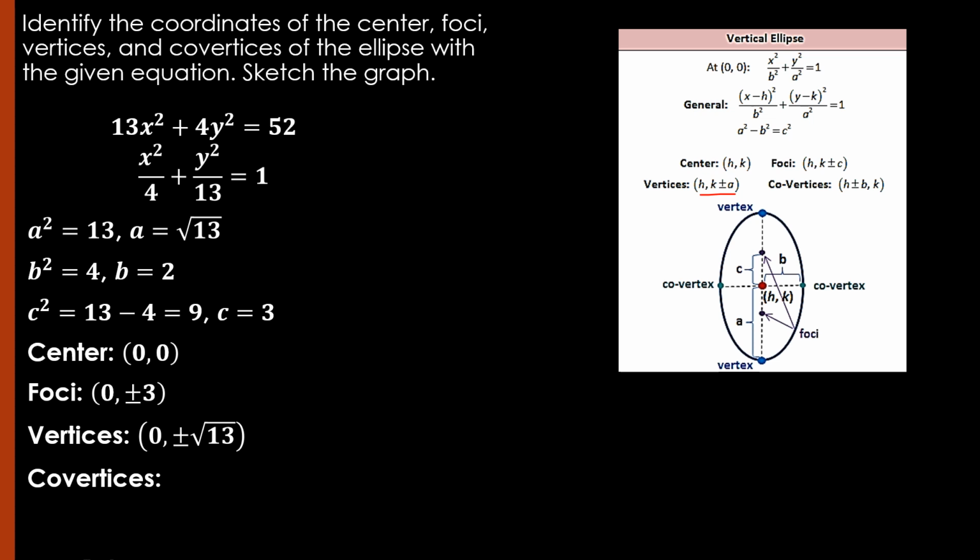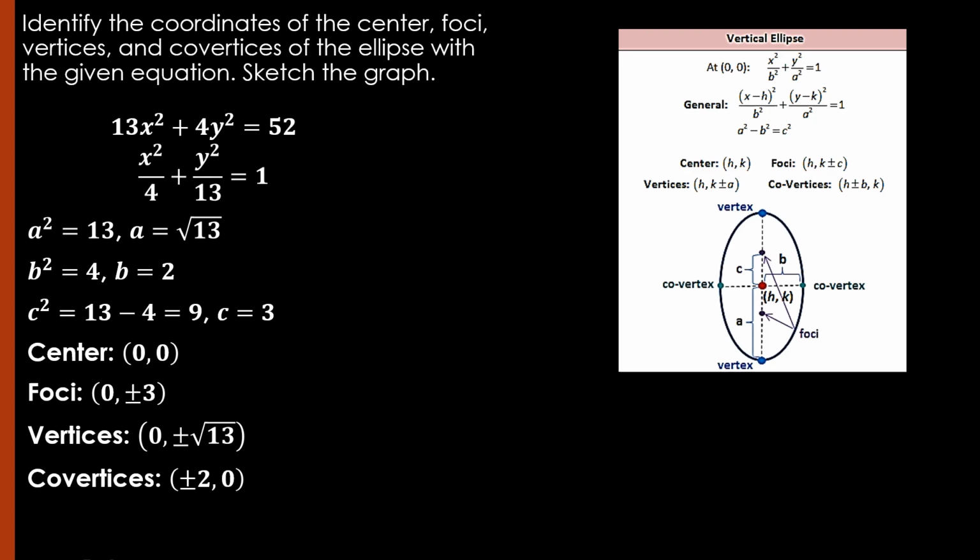For the co-vertices, the formula is h plus minus b and then k, and the value of h is 0 and the value of b is 2. So the co-vertices are positive, negative 2, and 0.